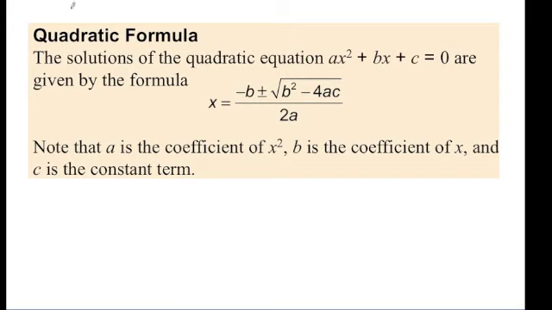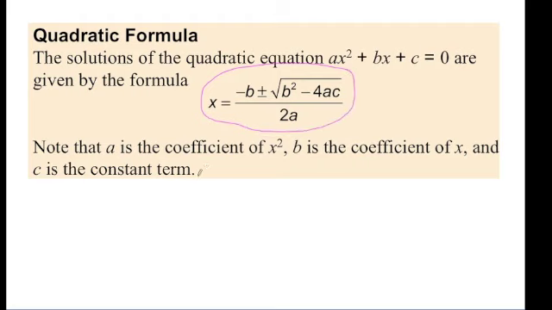Another method that always works is the quadratic formula. The solutions to the quadratic equation ax squared plus bx plus c equals 0 are given by this formula: x equals negative b plus or minus the square root of b squared minus 4ac, all over 2a. You will need to know this equation.